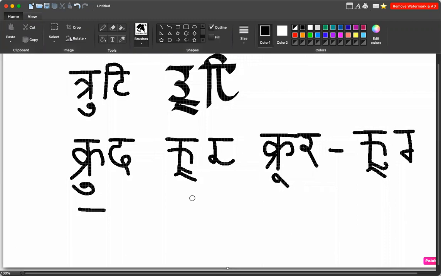So this is the difference when we are writing the Laghu U. This is when we are writing Laghu U. And this is how we write when we write Dirg U. This particular curve is very important. So this is how you differentiate while writing the matra along with R.